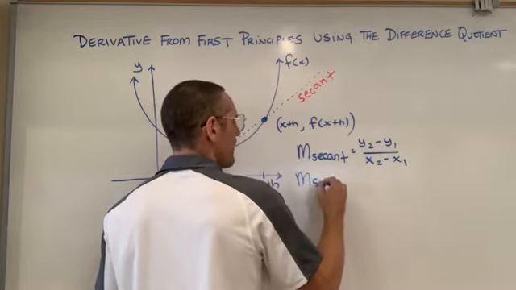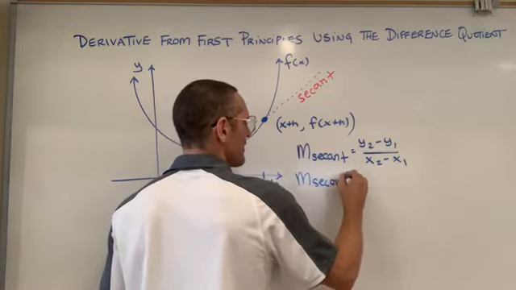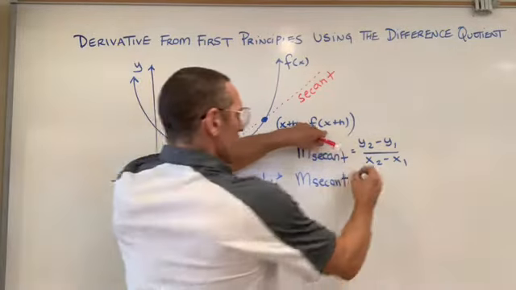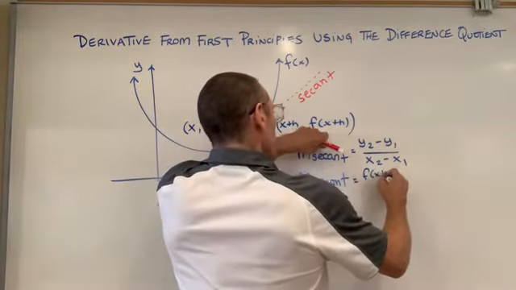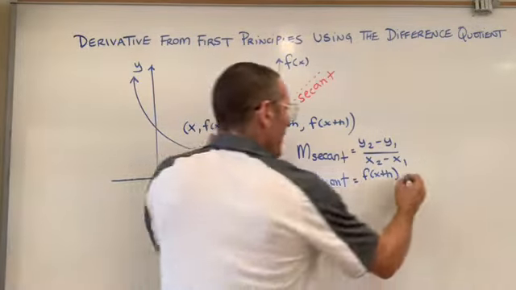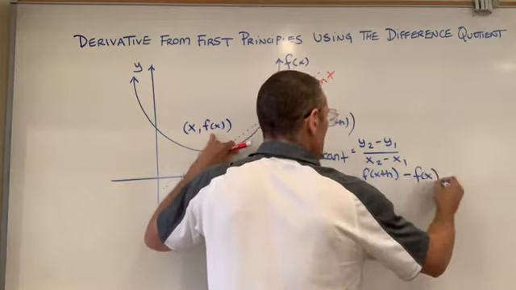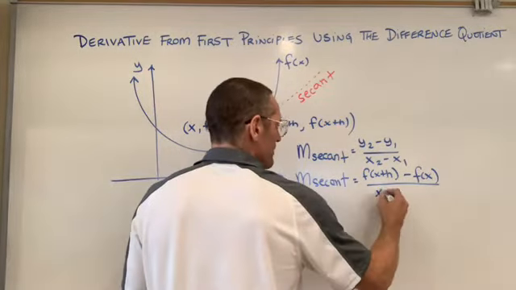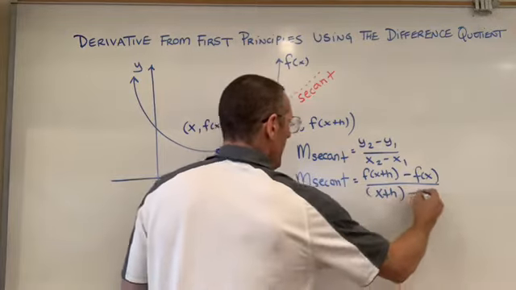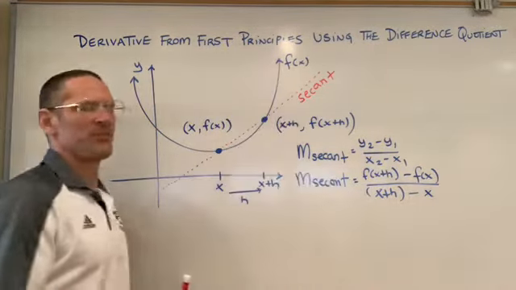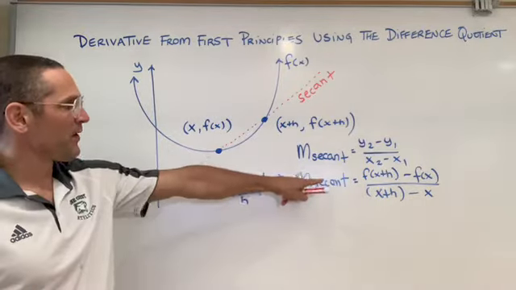The slope of this secant line is going to be y2 is f of x plus h minus y1 is f of x, if I make that substitution, and x2 is x plus h minus x1, which we call simply x. So there's the slope of our secant line.